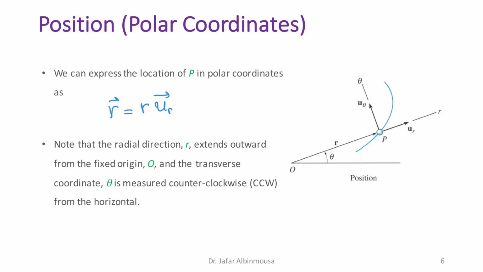So this is indeed the sign convention. As long as the radial direction is pointing in the direction of the particle, this is considered the positive direction, and counterclockwise is the positive transverse direction.